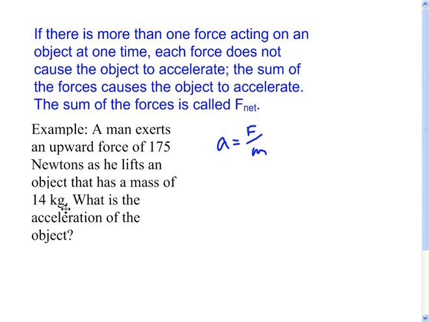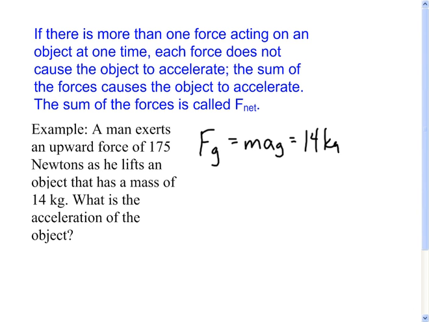What you have to do is think about the situation. Why do you have to use a force at all to lift something? Because you have to overcome what it weighs. Do we know what this object weighs? No. Can we figure out what it weighs? Yes. This object has a mass of 14 kilograms. To calculate its weight, we would do mass times a g.